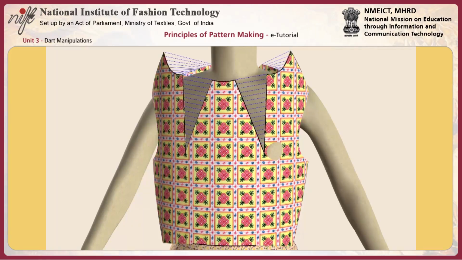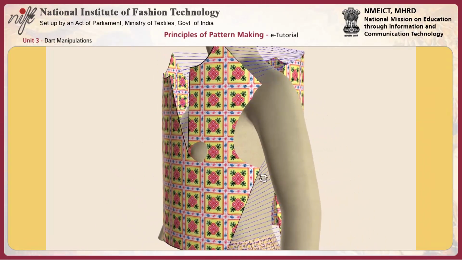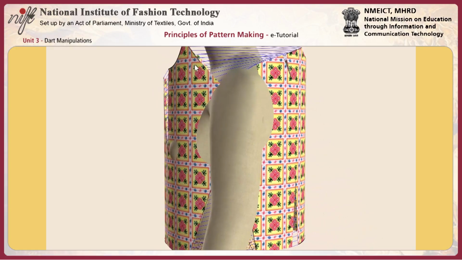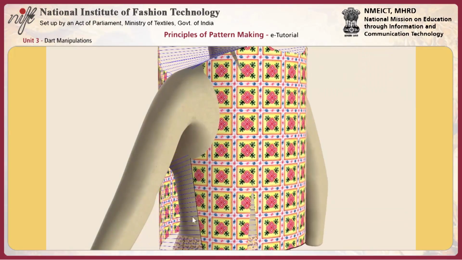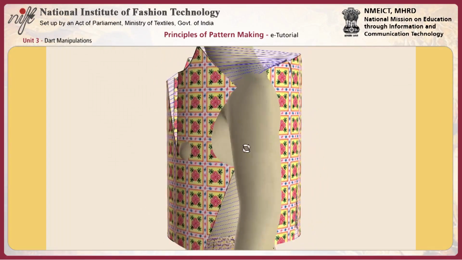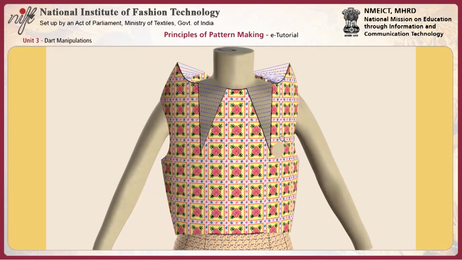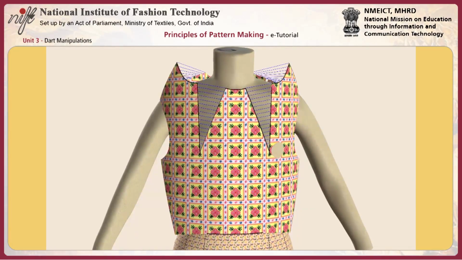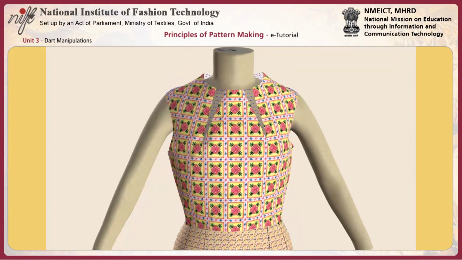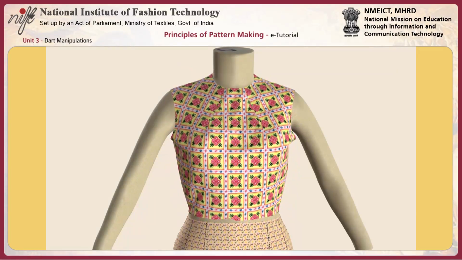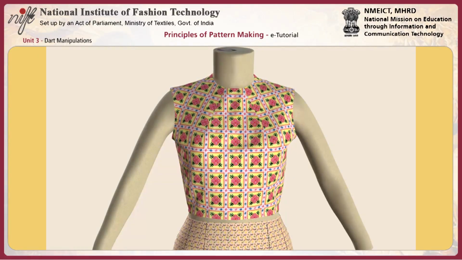While stitching the dart, the excess fabric at the neckline is removed. The closure of neckline dart brings in fitting to the garment. The excess fabric at side seam and shoulder seam is removed and the garment is made to fit to the body.